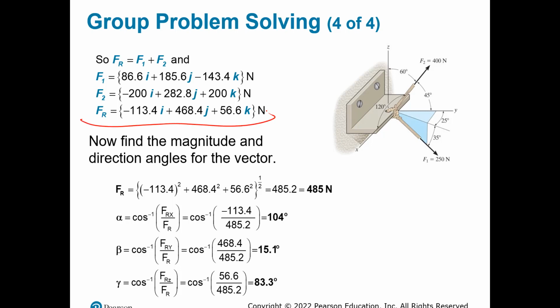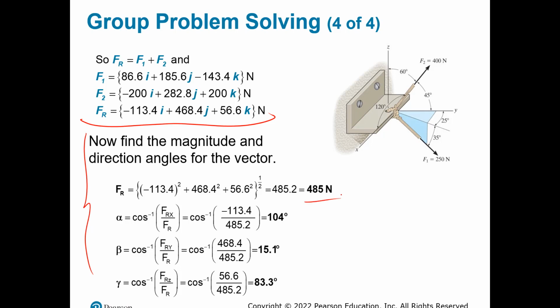Once you do this, you put the x's, y's, and z's together in order to write your resultant force as it's showing right here. Using the components is the easiest, because now you just have to follow the formulas that were learned throughout the chapter. The resultant force is equal to the square root of each one of the components squared, all summed together, which gives 485 newtons.